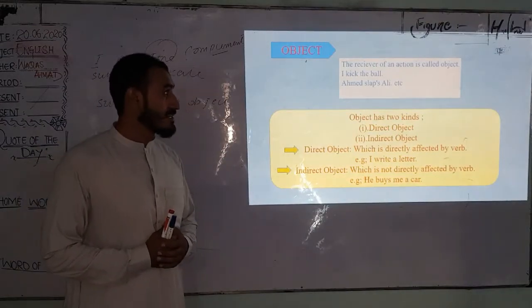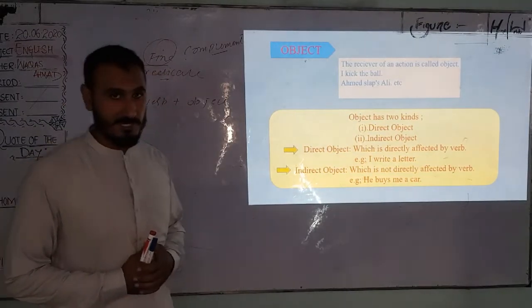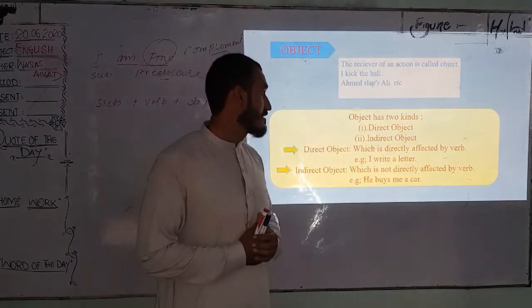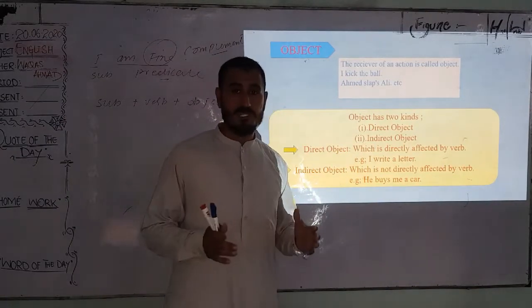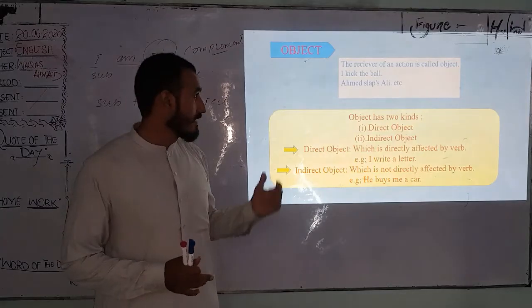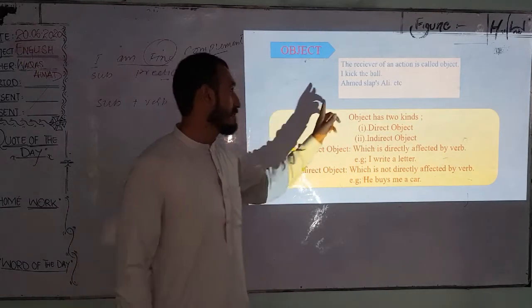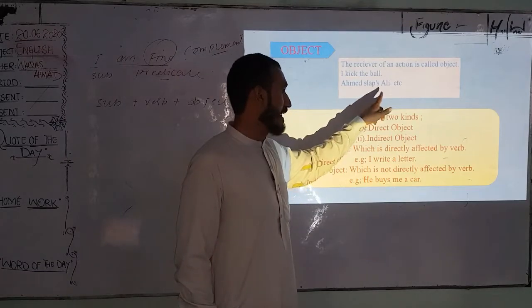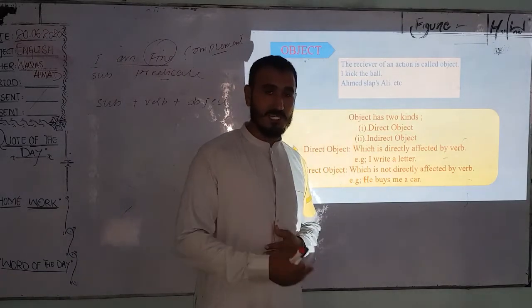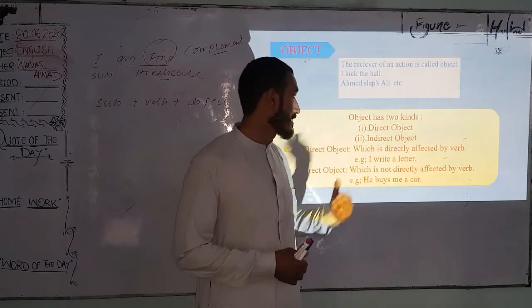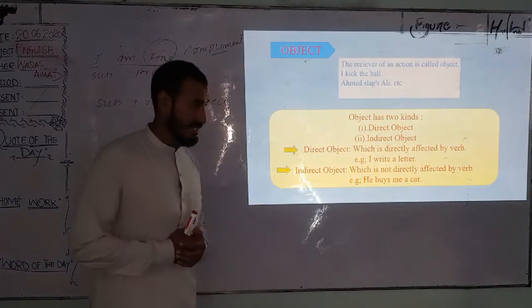I kick the ball. So the ball is what? This is object. And object must be a noun or pronoun. Ahmad is subject, slaps is verb, and Ali is object. So here Ali is object.